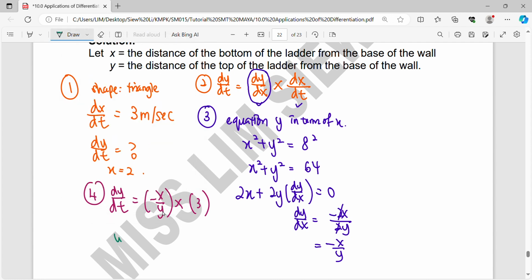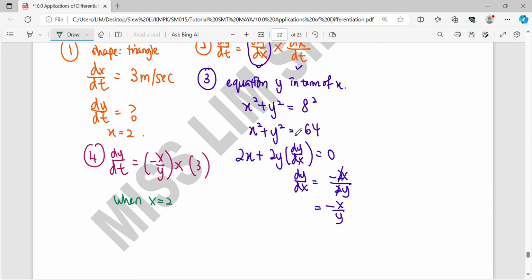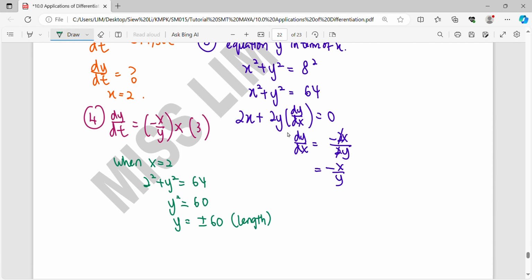When x equals 2, we substitute into the original equation: 2 squared plus y squared equals 64. So y squared equals 60. So y will be positive or negative square root of 60, but this y is a length, so it is not suitable to take the length as negative. So we take the square root of 60 only.